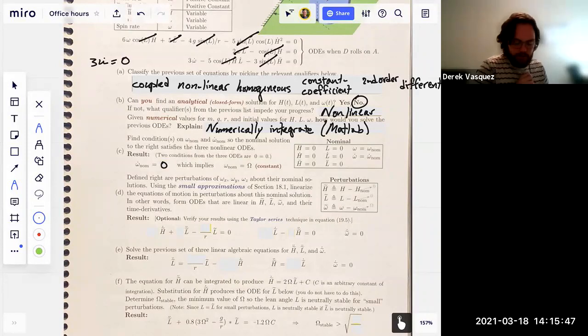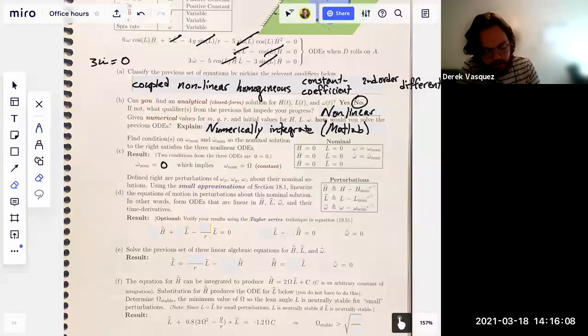In other words, form ODEs that are linear in H tilde, L tilde, and omega tilde, and their time derivatives. So we're basically just going to try and linearize each term in our equations of motion here.